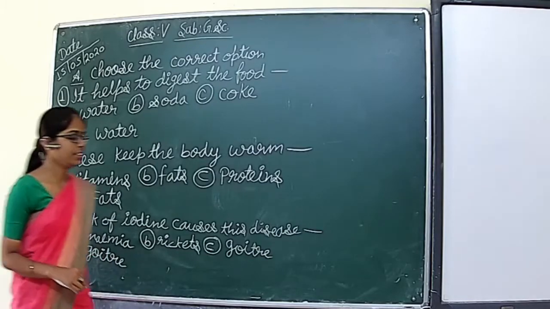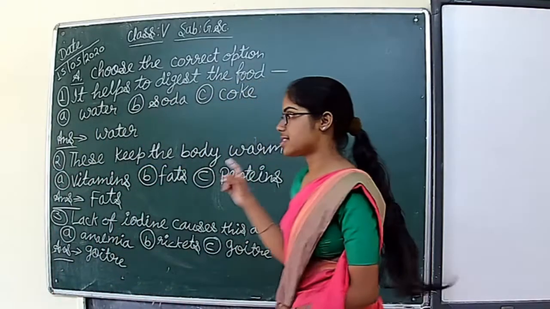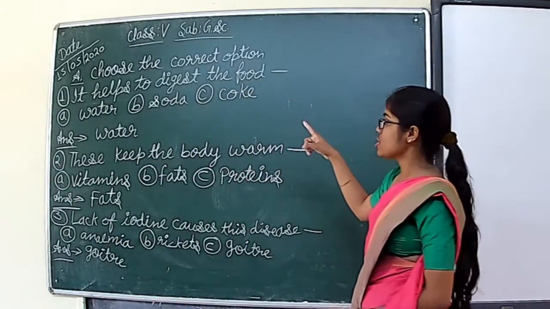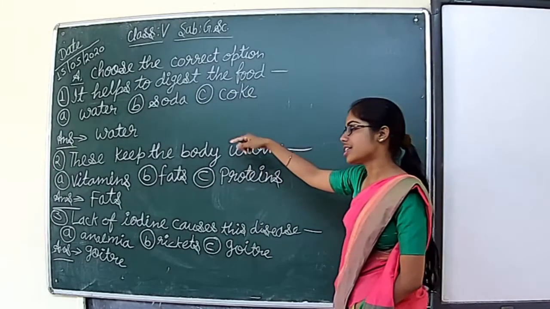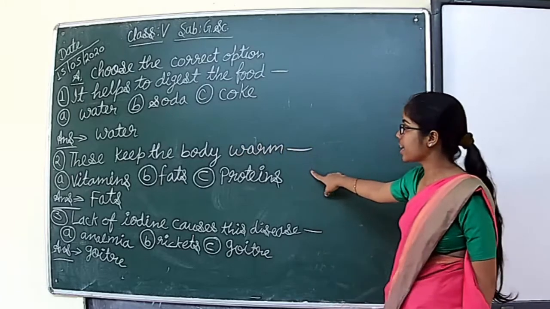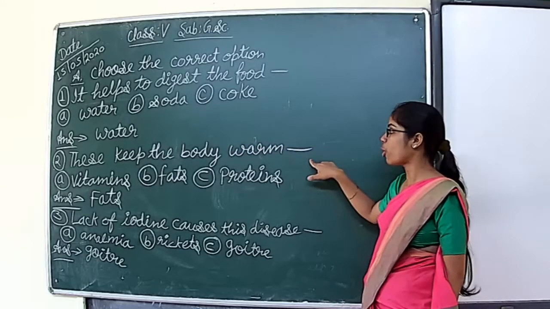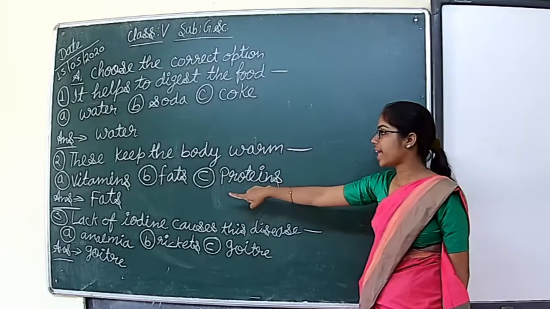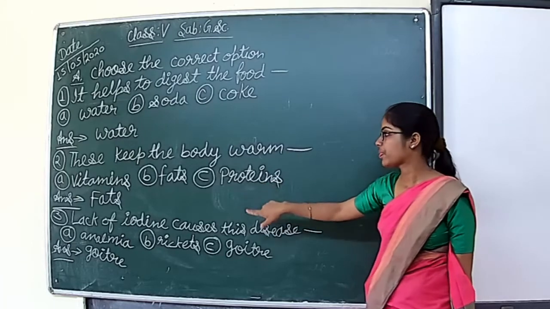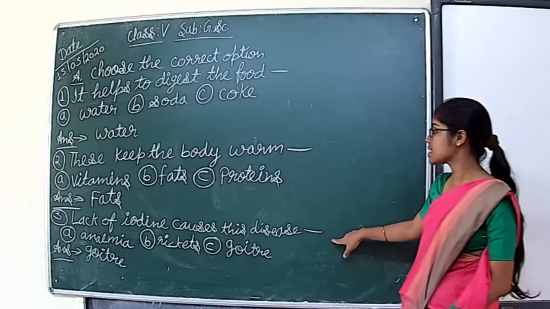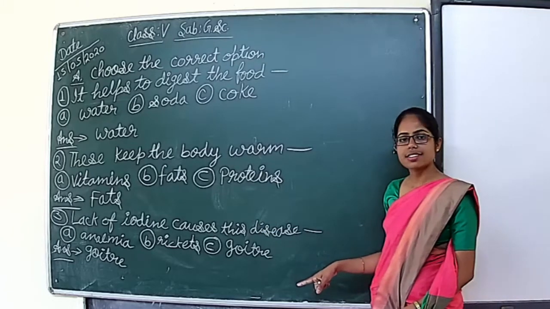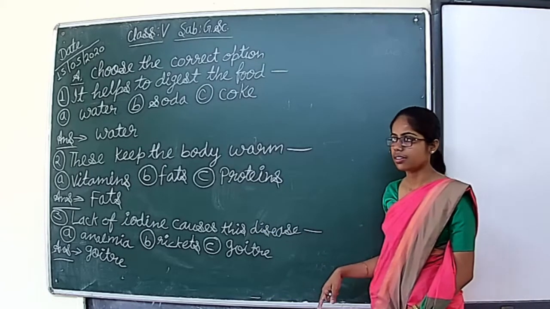I will read all the three questions and answers once again. First question, it helps to digest the food, and the answer is water. Second question, this keeps the body warm, and the answer is fat. Third question, lack of iodine causes this disease, and the answer is goiter.